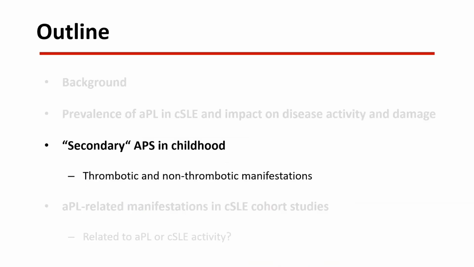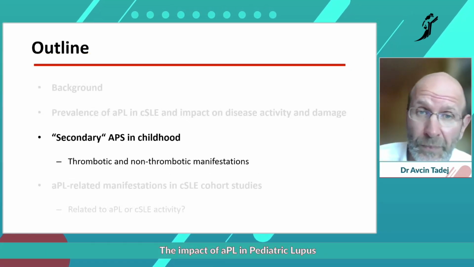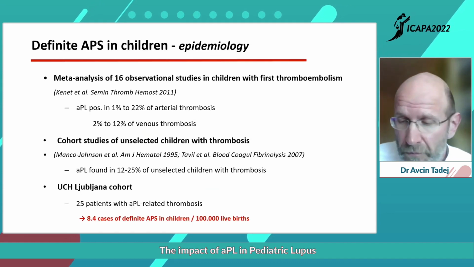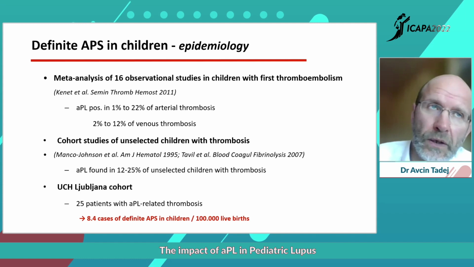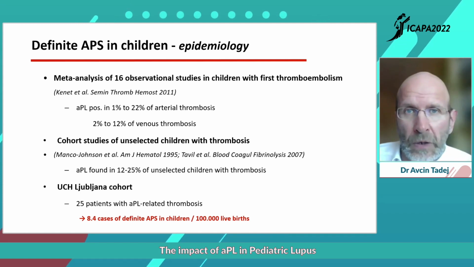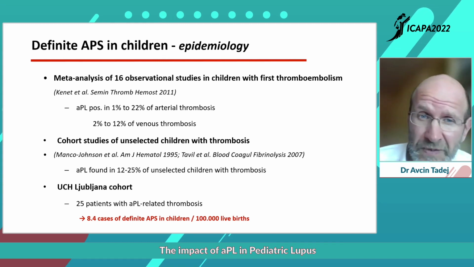these patients. In the next part of my talk, I will focus on antiphospholipid syndrome in childhood, and I will try to focus on the lupus-associated aspects. On this slide, you can see the general epidemiology of antiphospholipid syndrome in children.